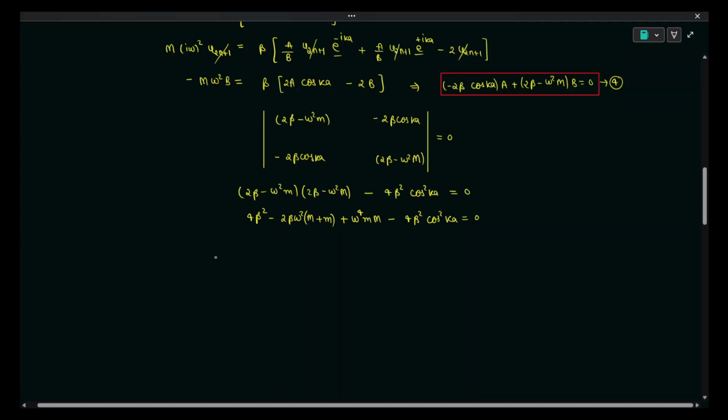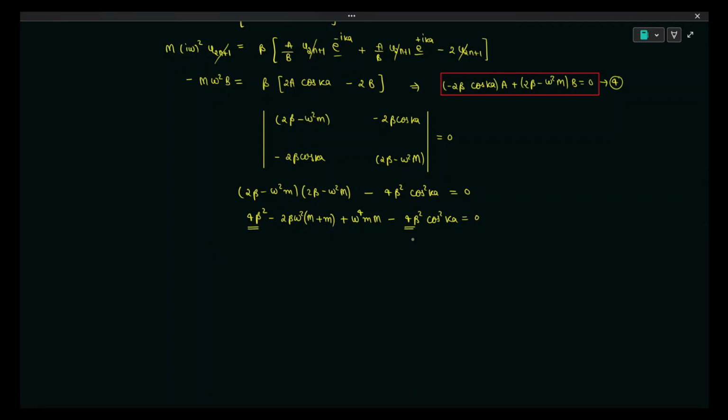Let's try to simplify this equation. So here we have 4 beta square common in this first and last term, so that will become 1 minus cos square ka, so that will be sin square ka. So we can write 4 beta square sin square ka, then minus 2 beta omega square capital M plus small m plus omega raised to power 4 small m capital M equal to 0.